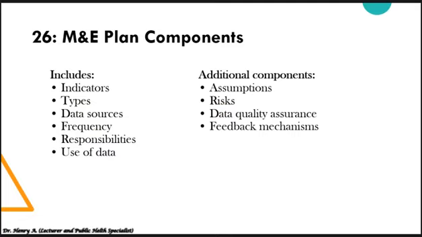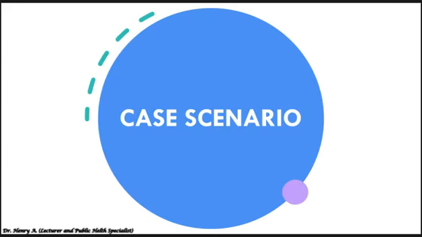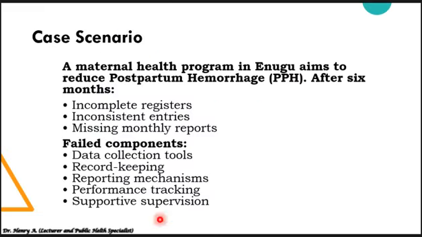So next, we want to look at the case scenarios. What are the case scenarios? So the case scenario will begin with the first one. A maternal health program in Enugu aims to reduce postpartum hemorrhage after 6 months.